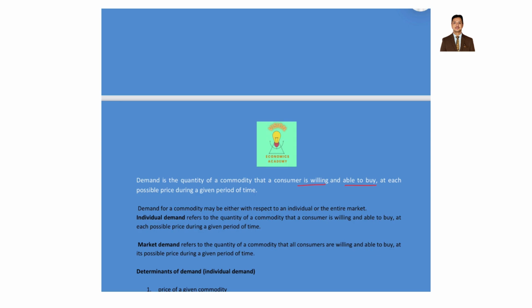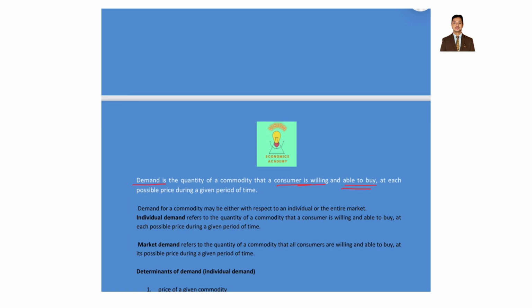A person earning less than 20,000 a month would definitely only be desiring of buying a car worth 1 crore, right? So demand is the willingness of the consumer and also supported by the ability to buy.